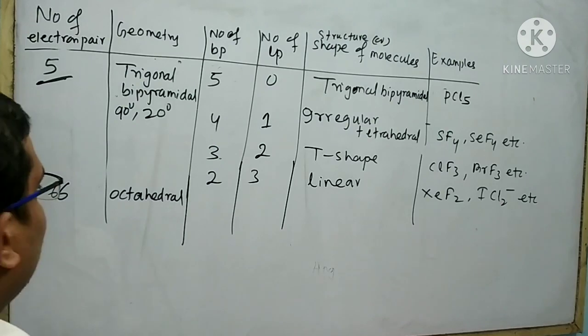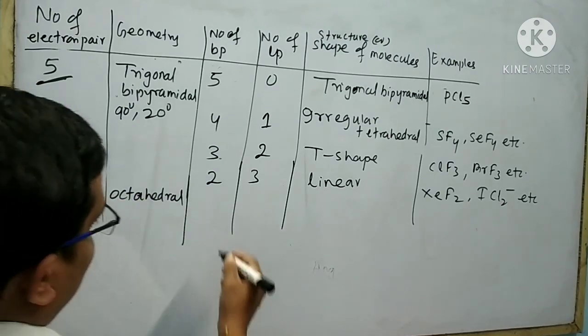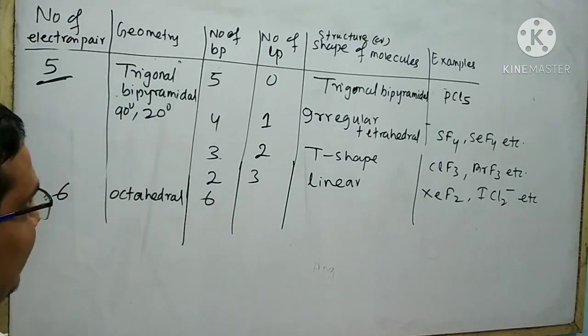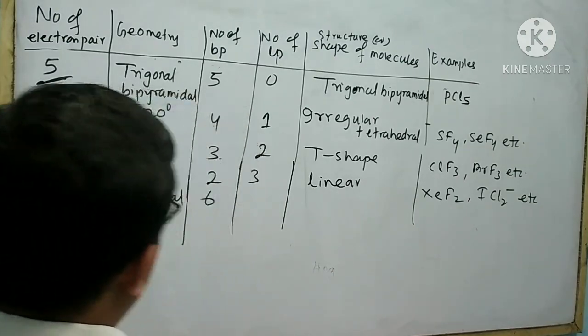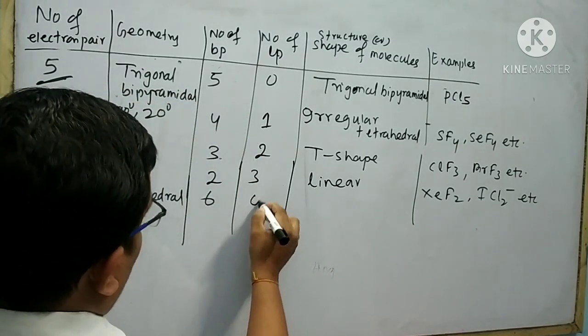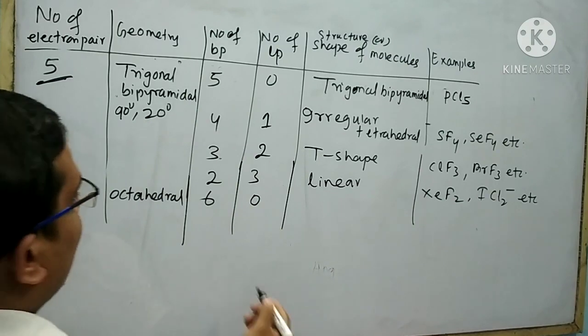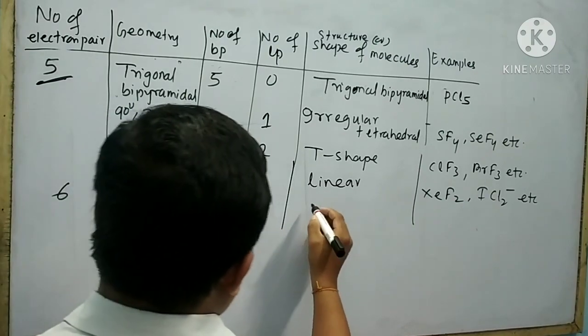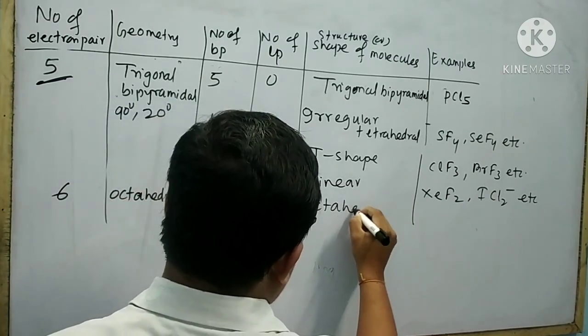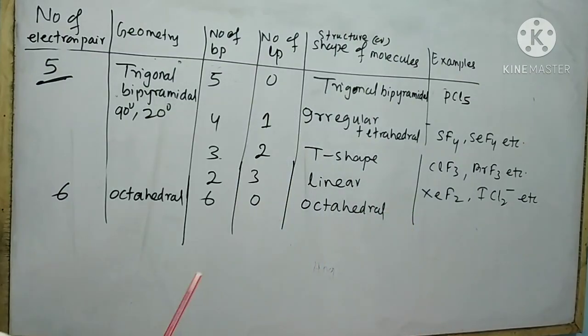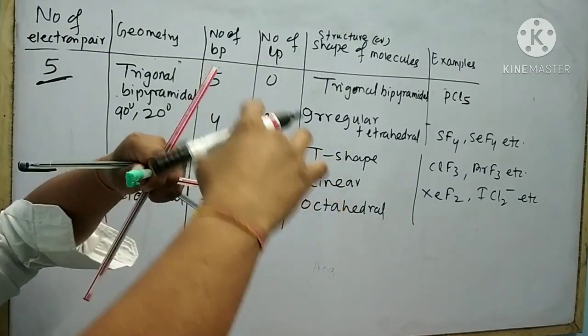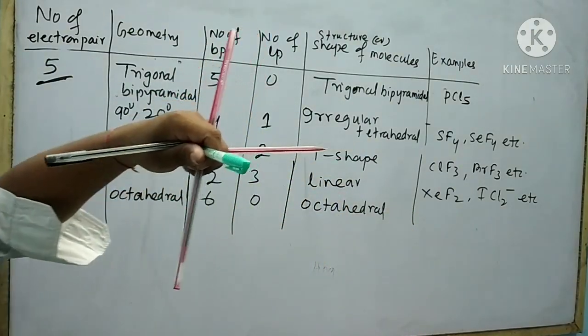geometry. If all the electron pairs are bond pair, that means the molecule having 6 bond pair and 0 lone pair, then the shape of the molecule is also octahedral. That means in this case all the electron pair are bond pair.